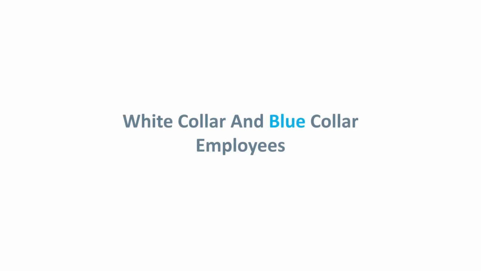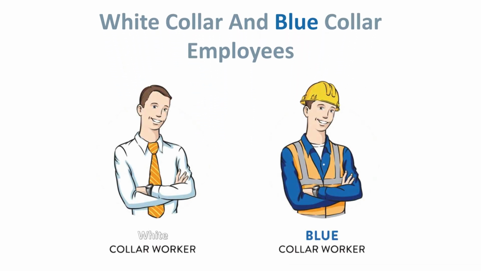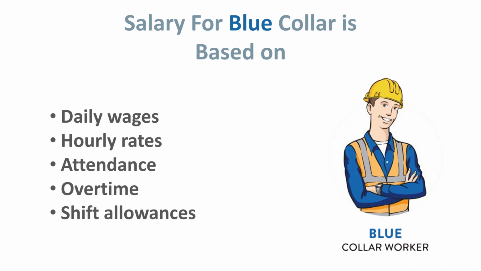Before we move on to creating a salary structure, let's take a moment to understand the difference between blue-collar and white-collar employee structures. Every organization has a diverse workforce. Blue-collar employees usually work in operations, manufacturing, or field jobs. Their salaries are often based on daily wages, hourly rates, attendance, or overtime, sometimes even including shift allowances.